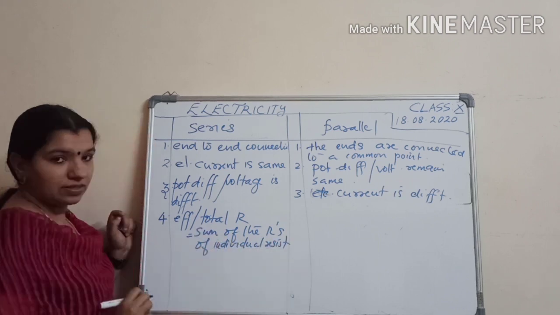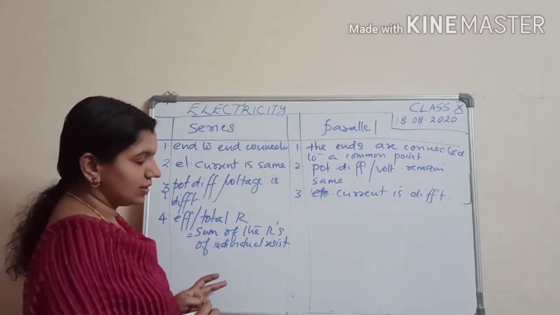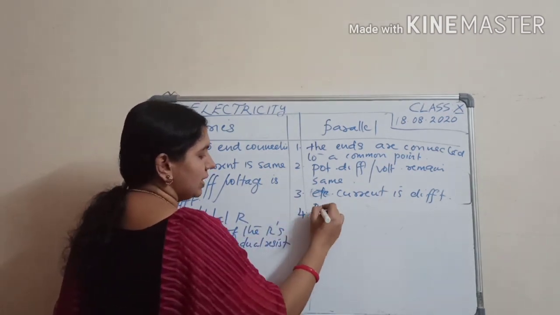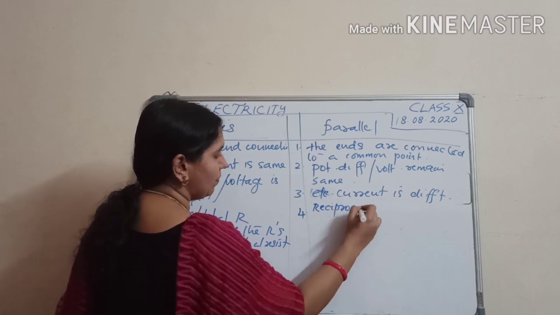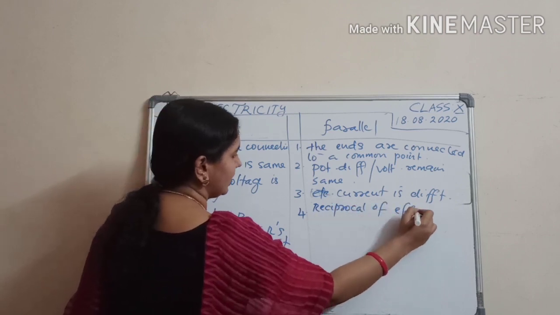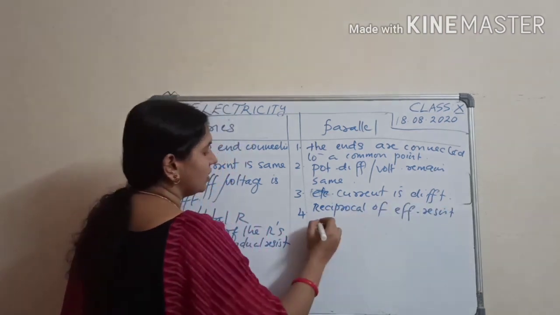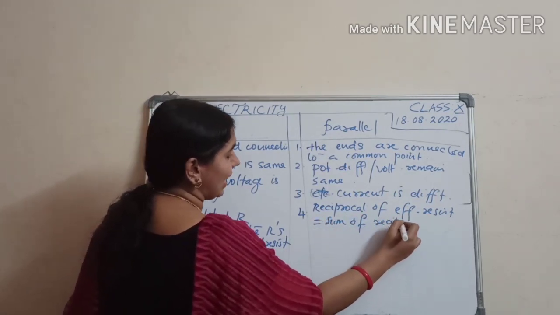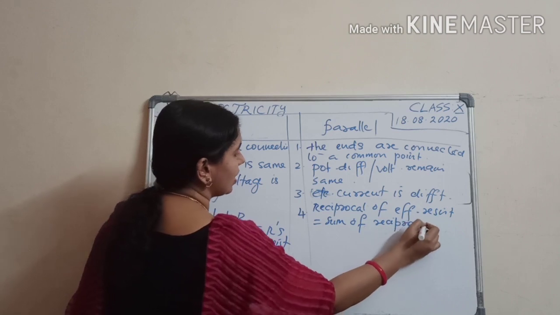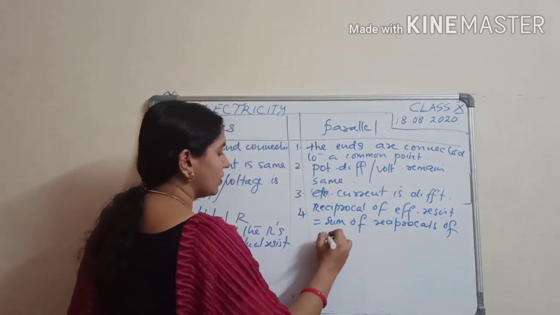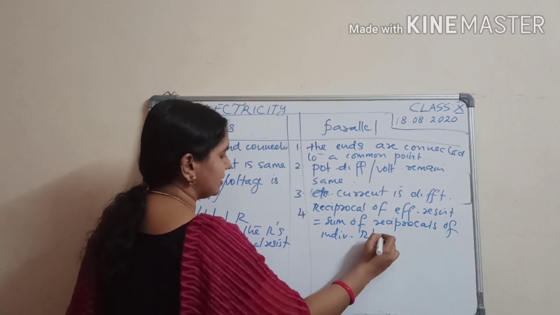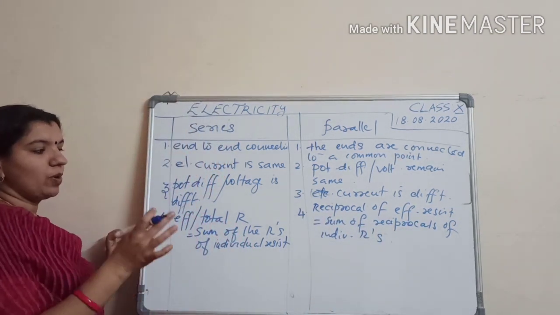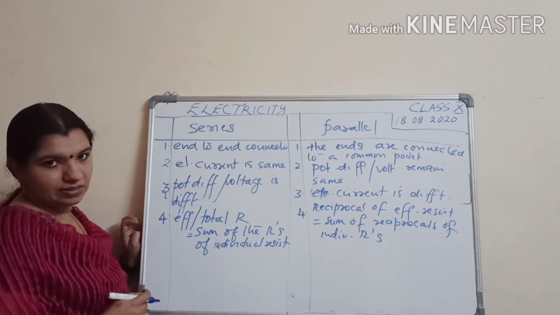And in this case, the reciprocal of effective resistance is the sum of, don't forget to write the word reciprocal, reciprocals of individual resistances.